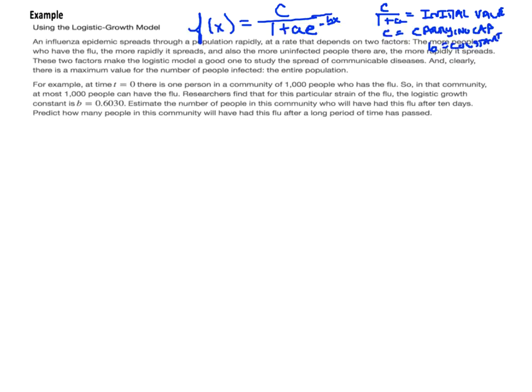Okay, so in this particular problem, an influenza epidemic spreads through a population rapidly at a rate that depends on two factors. The more people who have the flu, the more rapidly it spreads. Also, the more uninfected people there are, the more rapidly it spreads.